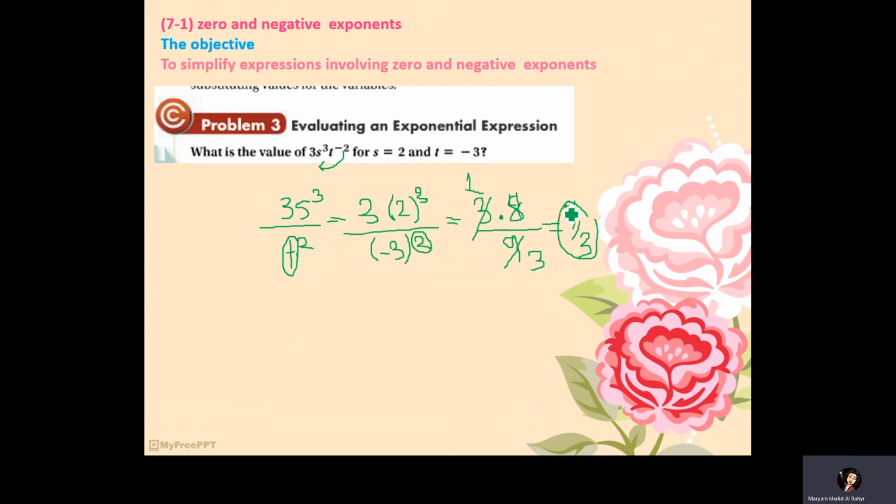They changed this into 8 over 3. So keep in your mind, the book changed this one into a mixed number. How can you change this into a mixed number? You can just divide. So 8 over 3 will be 2 and 2 over 3. So that's the answer.